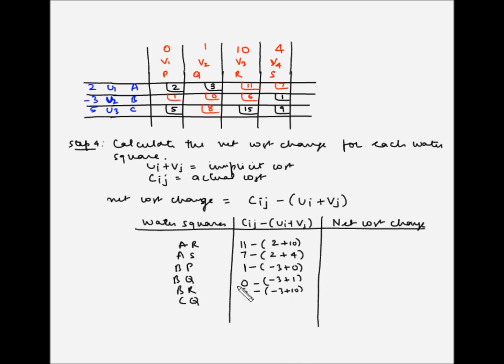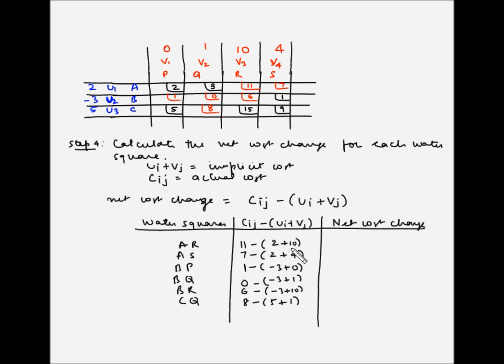For CQ, Cij is 8, so 8 minus U3 is 5 and V2 is 1. So let's calculate these values.